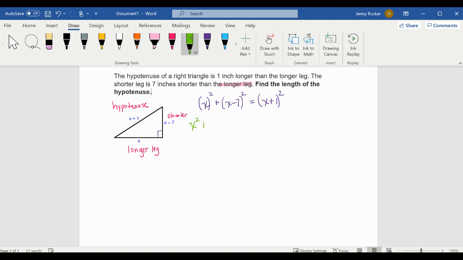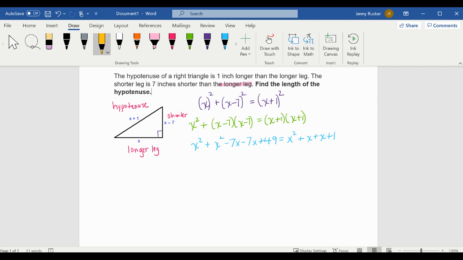This is x squared plus (x minus 7) times (x minus 7) equals (x plus 1) times (x plus 1). Now we will distribute. X squared plus x squared minus 7x minus 7x plus 49 equals x squared plus x plus x plus 1.